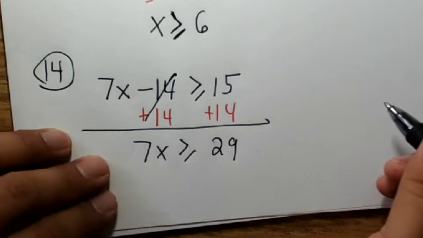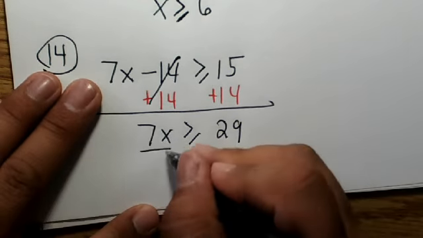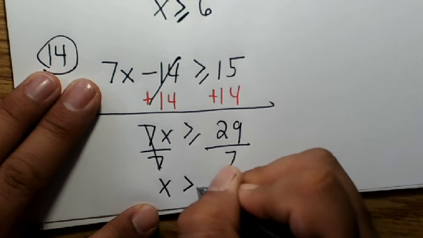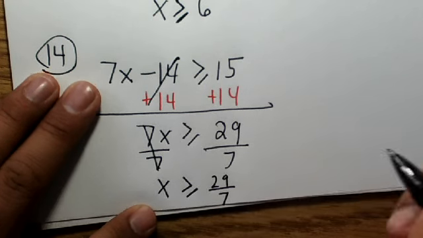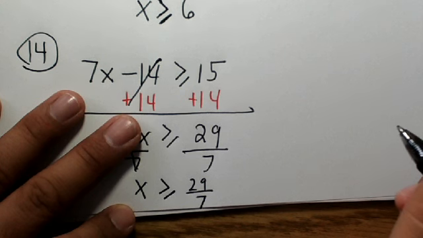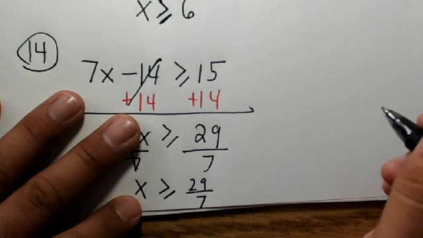Okay. And then what do we divide both sides by? So x is greater than or equal to 29 over 7. So which one would be the correct answer? Letter A. Because 29 over 7 is greater than or equal to 29 over 7.